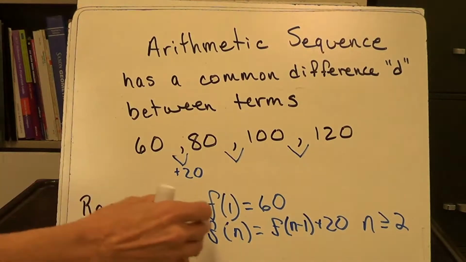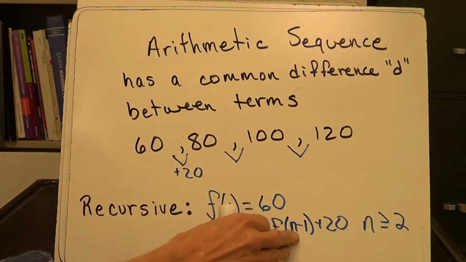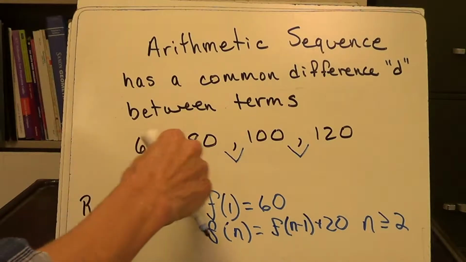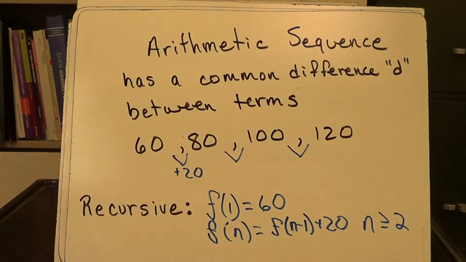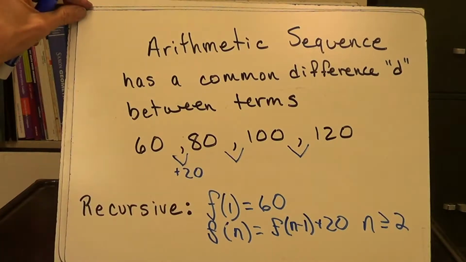When I get to the second term, I take 2 minus 1, that would be the first term, and I add 20. That was the one rule that we didn't like when we were trying to figure out f of 50, meaning the 50th term. But it's an easy rule to get to.